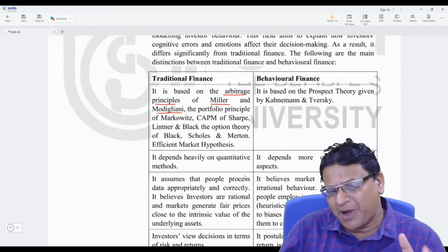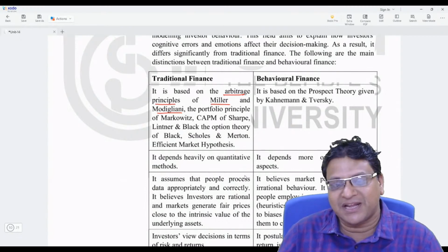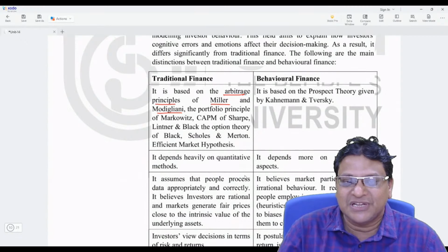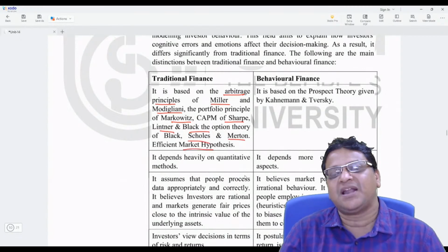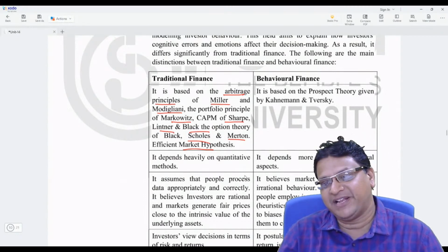The arbitrager buys in the low priced market and sells in the high priced market. The traditional finance theories are given by Markowitz, William Sharpe, Lintner, Black, Scholes, Merton, and the efficient market hypothesis.